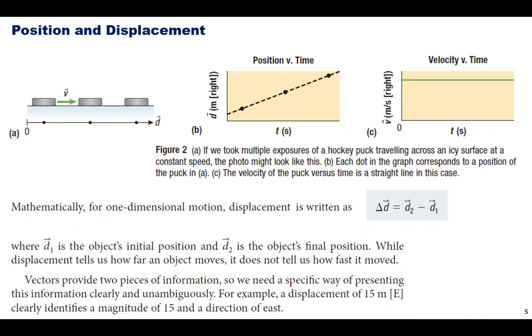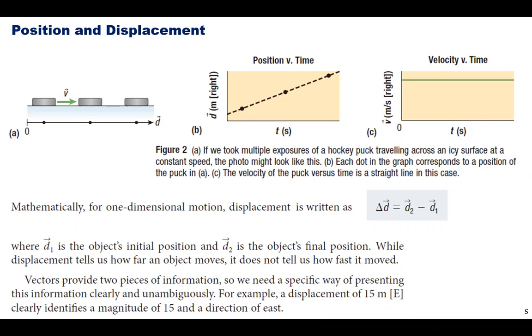The change in the puck's position in one direction is its displacement. Mathematically, for one-dimensional motion, displacement is written as delta d equals d2 minus d1. Also note that delta d, d2, d1 are all vectors, where d1 is the object's initial position and d2 is the object's final position.